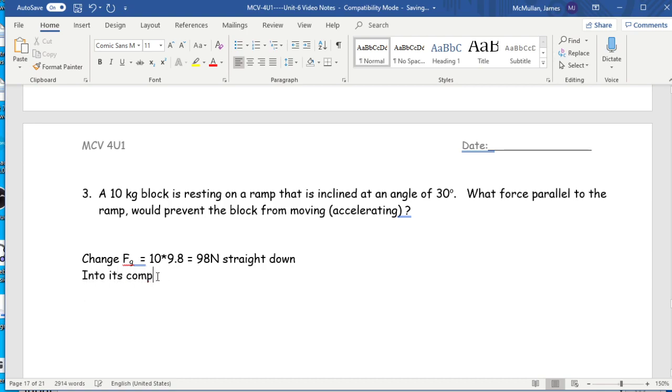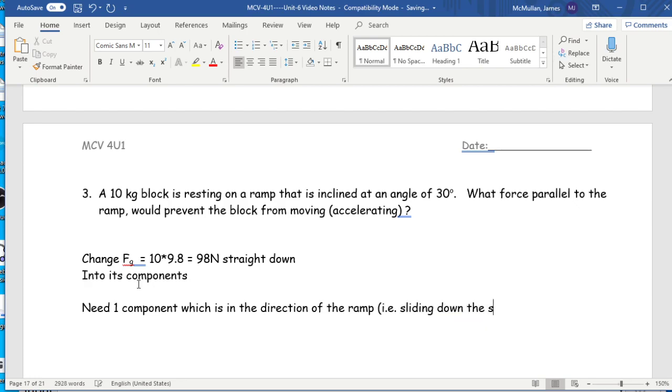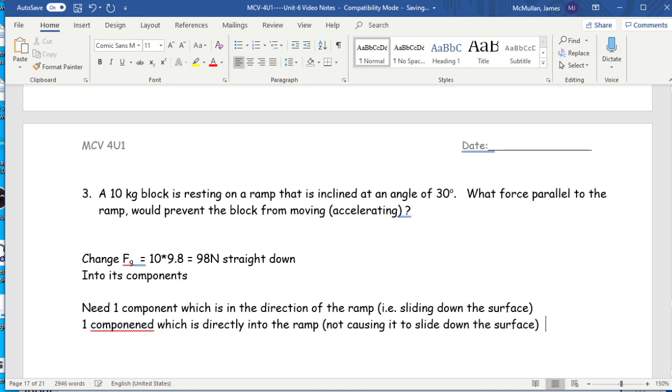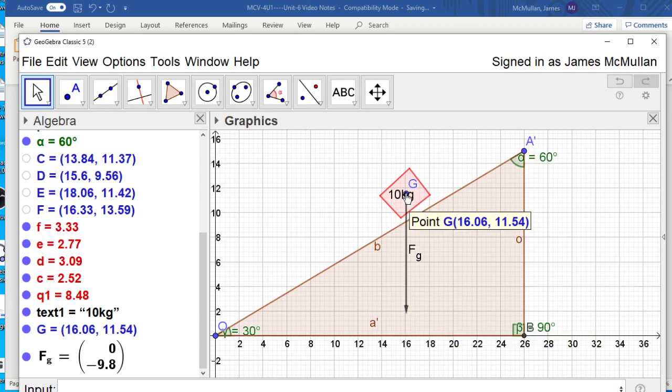We need one component in the direction of the ramp, i.e. sliding down the surface, and one component directly into the ramp and not causing it to slide down the surface. This, by the way, has a special name. It's called F_N, which is the normal force. So the only force acting on this thing is the force of gravity.